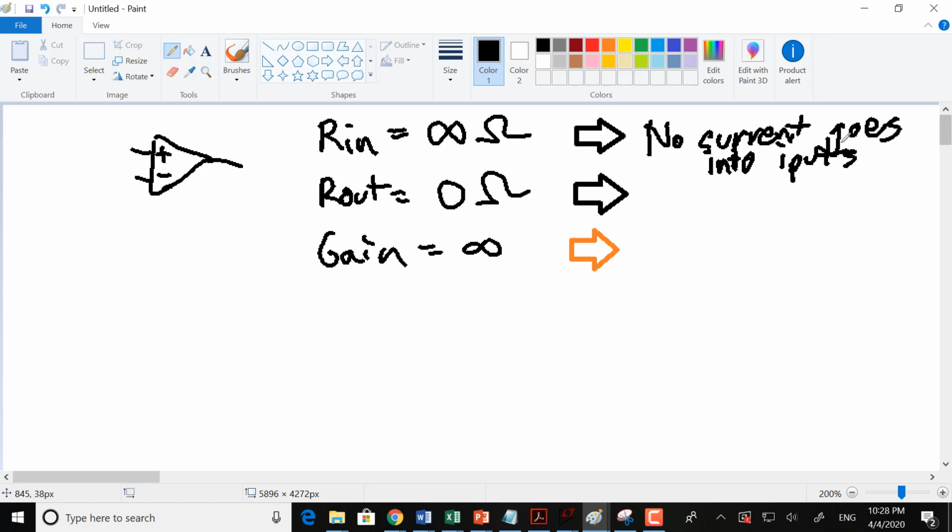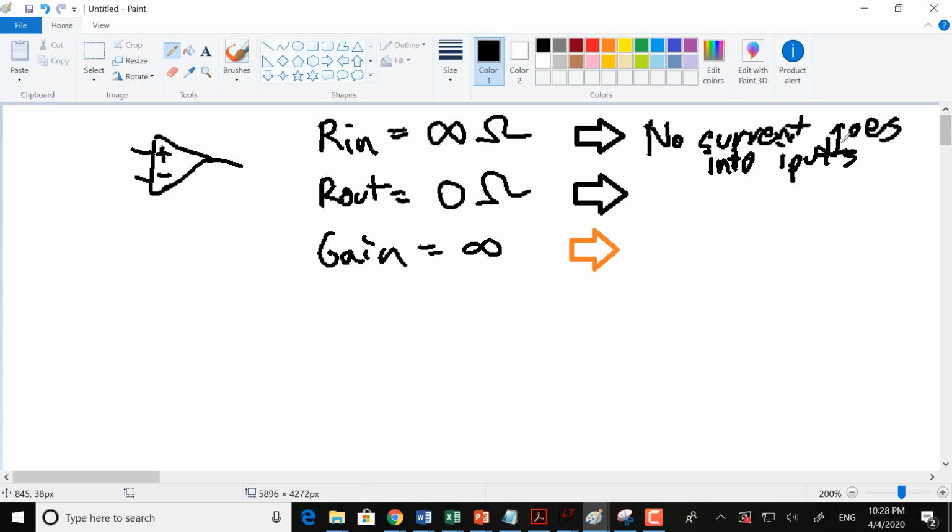So when somebody says my circuit has an infinite Rin, remember, current is the most important thing for circuits. It's really all about what's happening to the current. When you talk about voltage, it's how much current wants to go from one place to another. Resistance is how hard it is for current or electrons to go from one place to another. Capacitance is how much charge you need to get a voltage up to a certain level. Inductance is a magnetic field caused by a current.